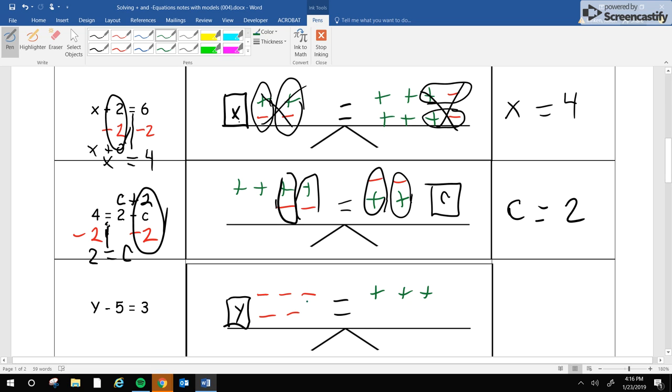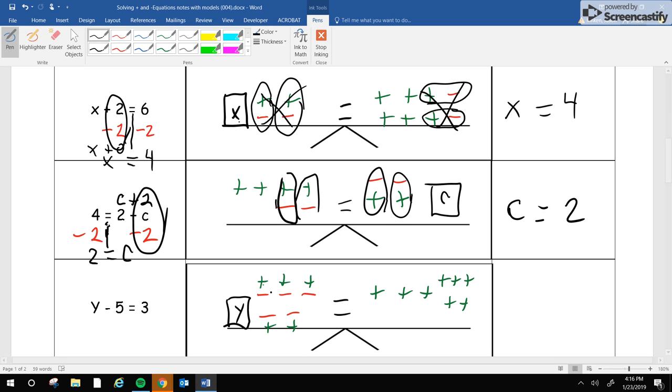Now, I've got to get rid of my 5 minuses. So the opposite of a minus, the inverse of a minus, is a plus. So I've got 5 pluses. And once again, the rule is whatever you do on one side of the equal sign, we have to do on the other. So I'm going to add my 5 pluses over here also.